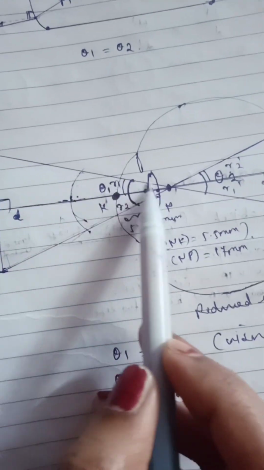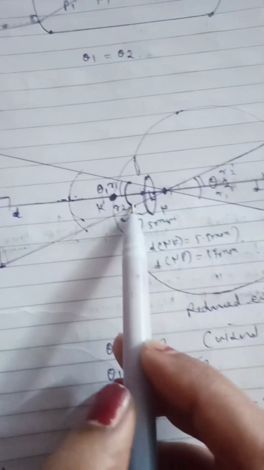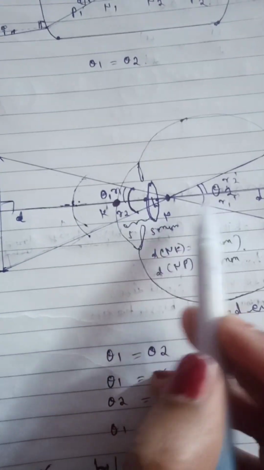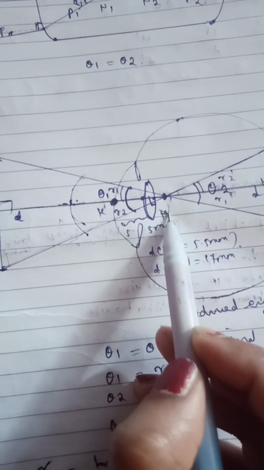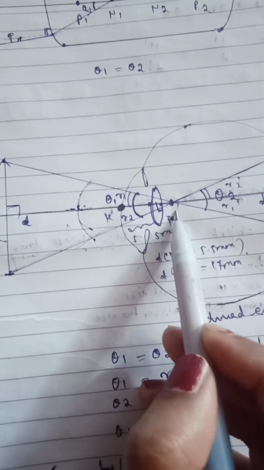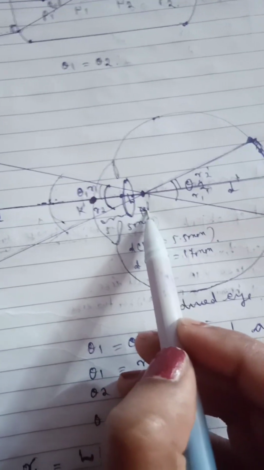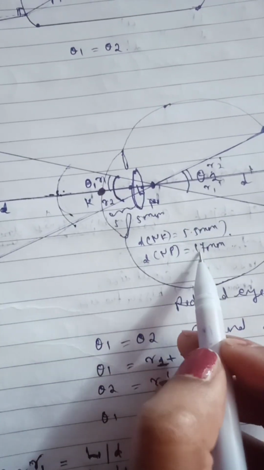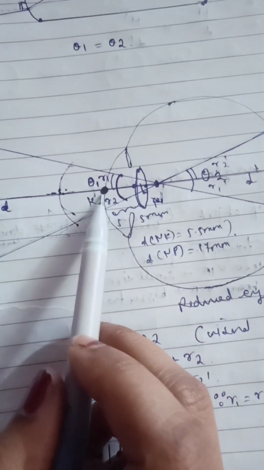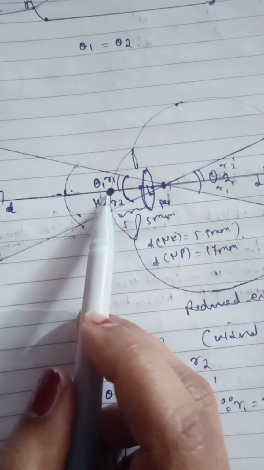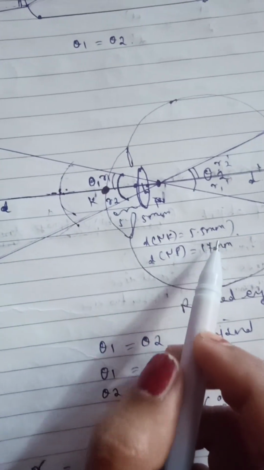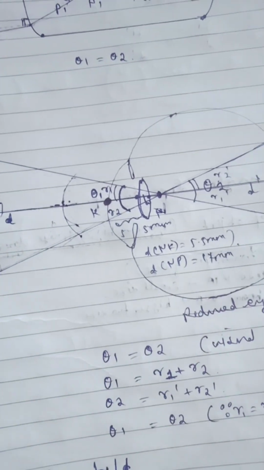Now you see this ray passing through this, and this is the reduced schematic eye, where the average of the two nodal points is taken and reduced to one nodal point for simplification. The distance of this nodal point from the fovea is taken as 17 mm, and from the corneal pole, that is the point of intersection of the optical axis with the cornea, it is 5.5 mm.